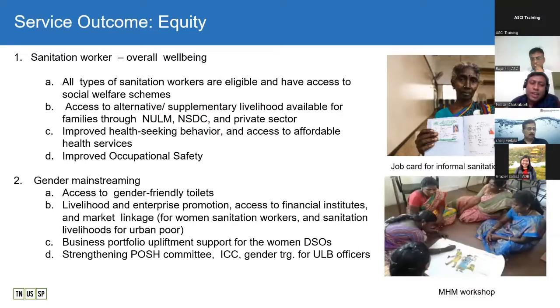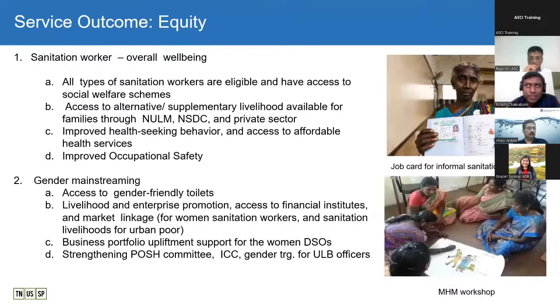So equity here is mostly one major piece of our work with the sanitation workers, who are an integral part of this entire sanitation business. We are engaged with more than 3,500 sanitation workers of different categories in this city. There are formal, semi-formal, and contractual workers of different types. So we are engaged with them on 3 to 4 fronts.